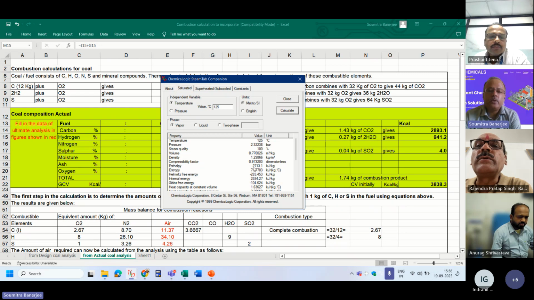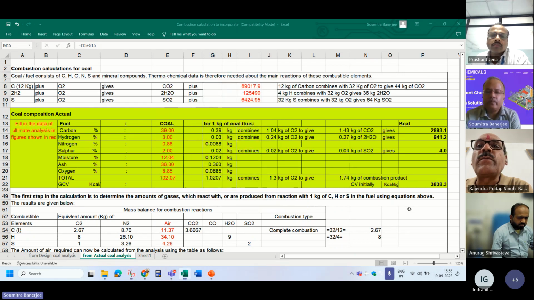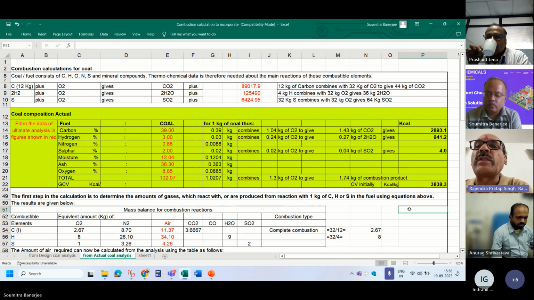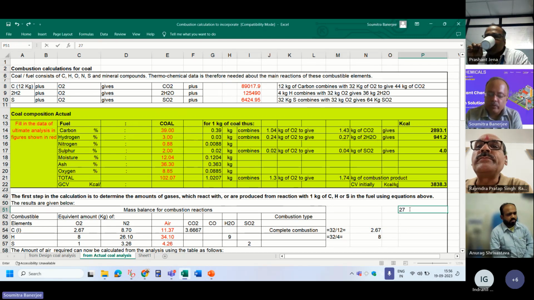So enthalpy is 2713.1 kilojoules per kg. Now I say 2713 into 0.27. 2713.27, this is kilojoules, right? Yes.